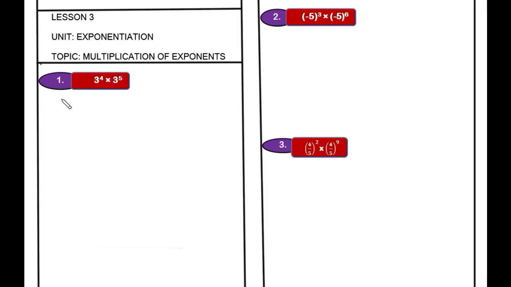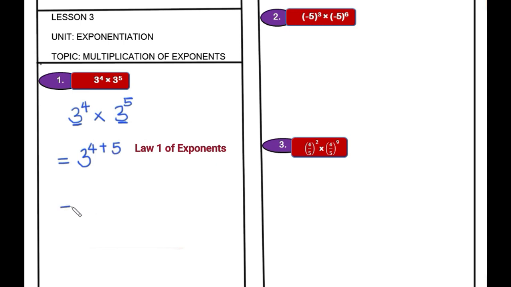In number 1, we have 3 to the power of 4 times 3 to the power of 5. Now, like how we have seen already, we need to check if the bases are the same. For this case, we have base as 3, and here we have base as 3. Now, since the bases are the same, we will keep the base, that is 3, and add the exponents, that is 4 plus 5.